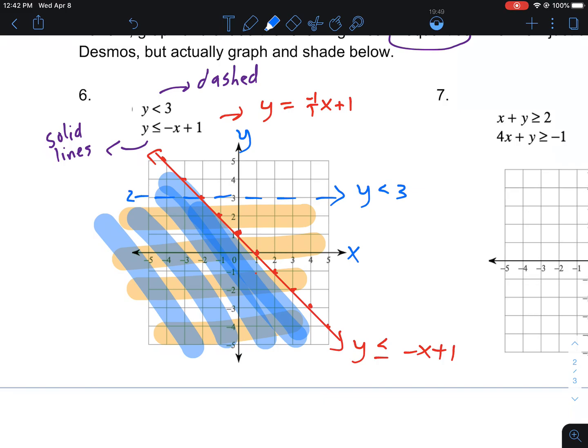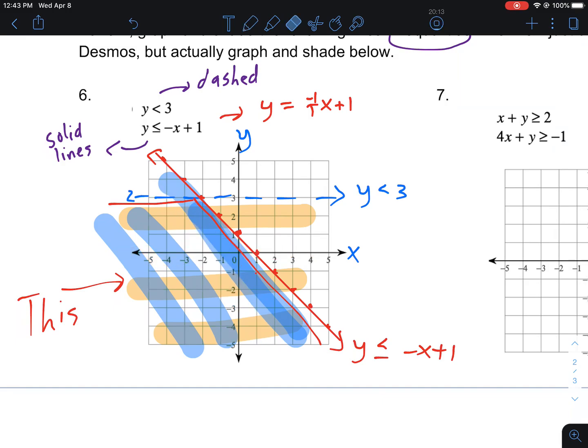So what a lot of people do is they show all their shading, which is fine if that helps you do it. You can write everything like I just did here, but be very clear about what your final answer is. So if you want to specify that this right here is the region that's the final answer, indicate to me that that's the answer.